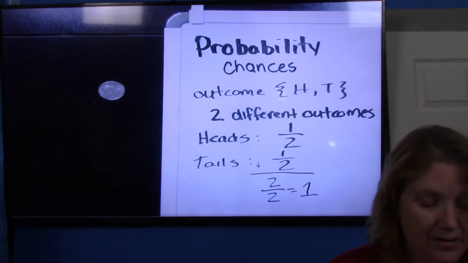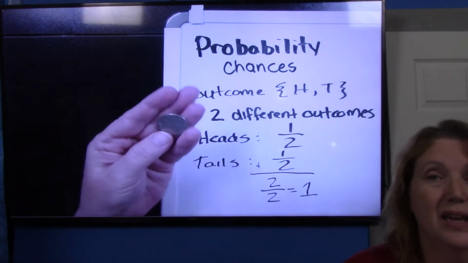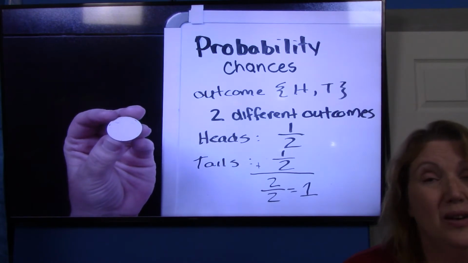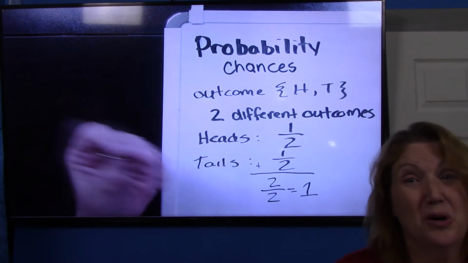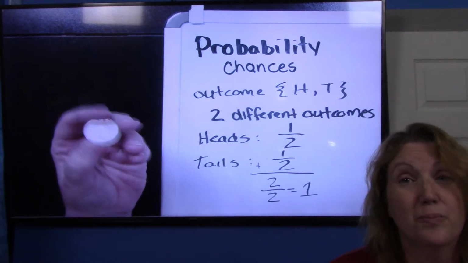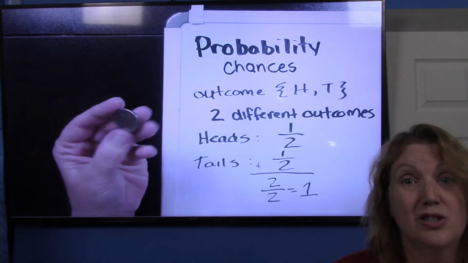Okay? Now, if I were to tell you to guess whether or not you're going to get heads or tails, it would be hard to guess, not too hard because there's only 2 possible outcomes, but it would be hard for you to predict beyond a shadow of a doubt which side would be which.